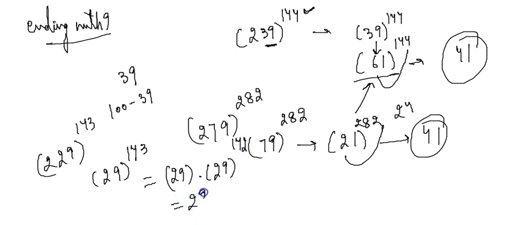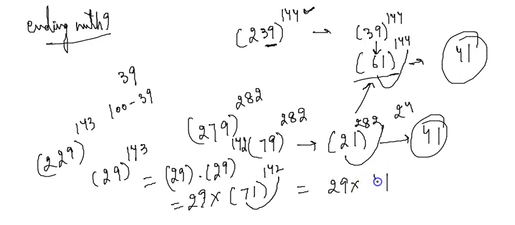This is 29. And you just write this 29 raised to the power 142 as 71 raised to the power 142. So that would be 29 into 1, and then 7 into 2, 14, that means 41. You just multiply these two numbers and you will get your last two digits. I hope this is clear.